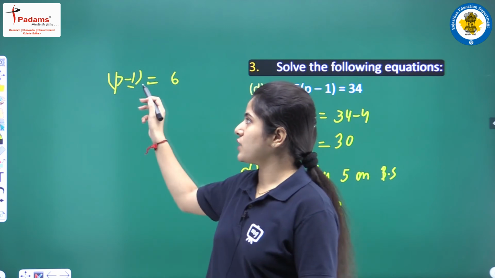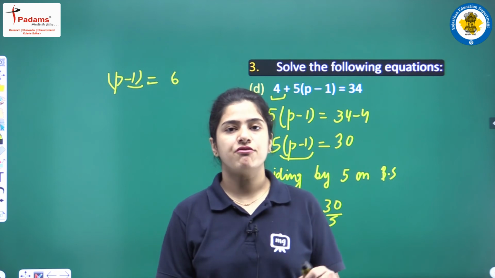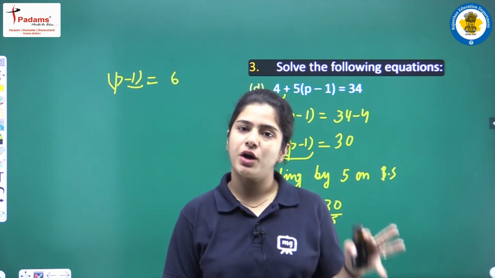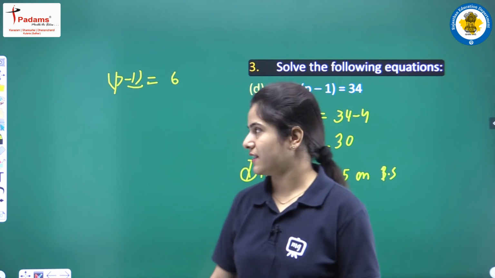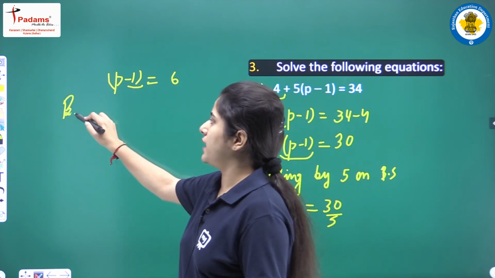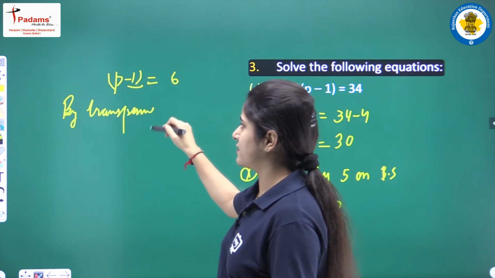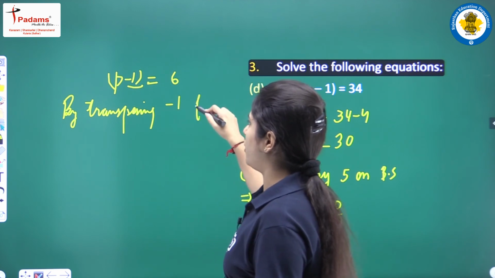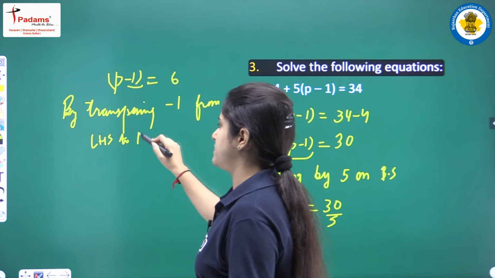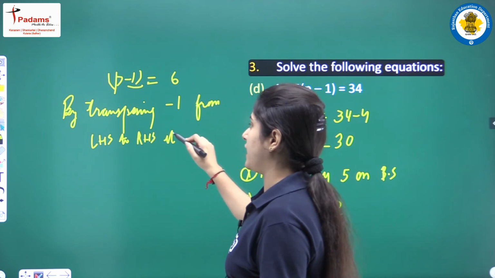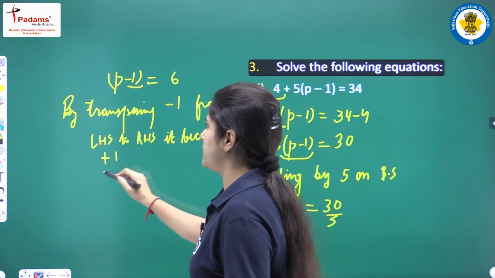So we have to transpose this minus 1 from left hand side to the right hand side, right? So if we have to shift this minus 1 from left side to right side, we have to do the plus 1 thing, okay? So we can say by transposing minus 1 from LHS to RHS, it became plus 1, okay students.